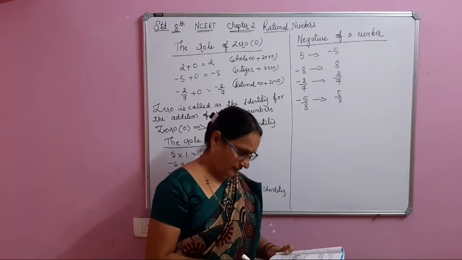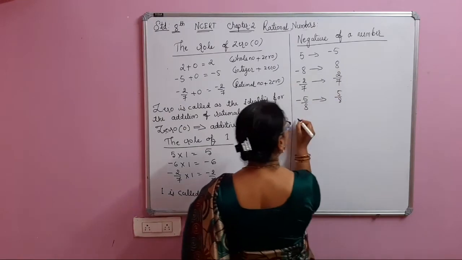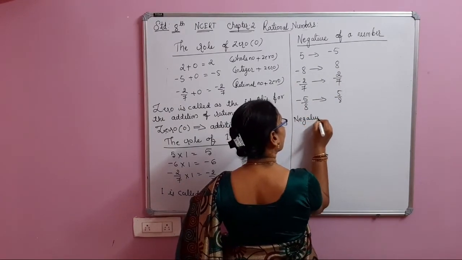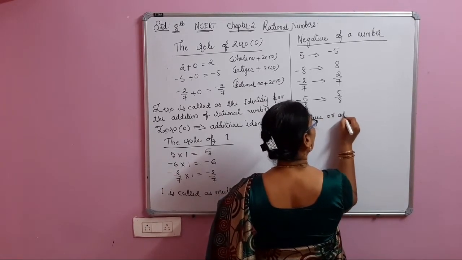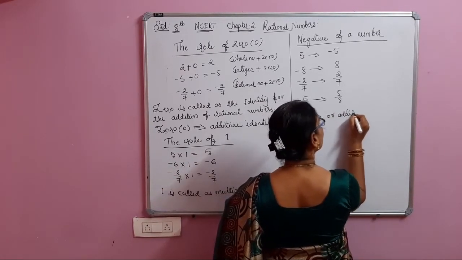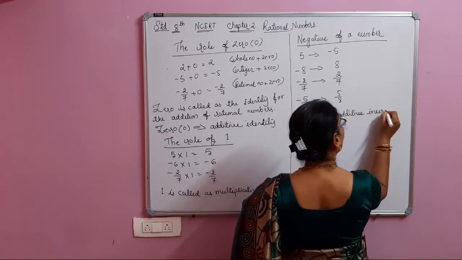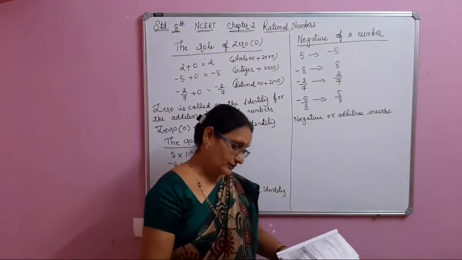The negative is also called the additive inverse. How to find this additive inverse?